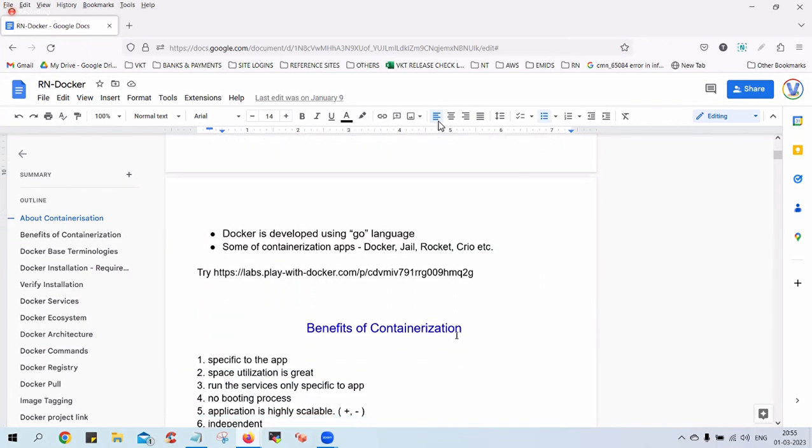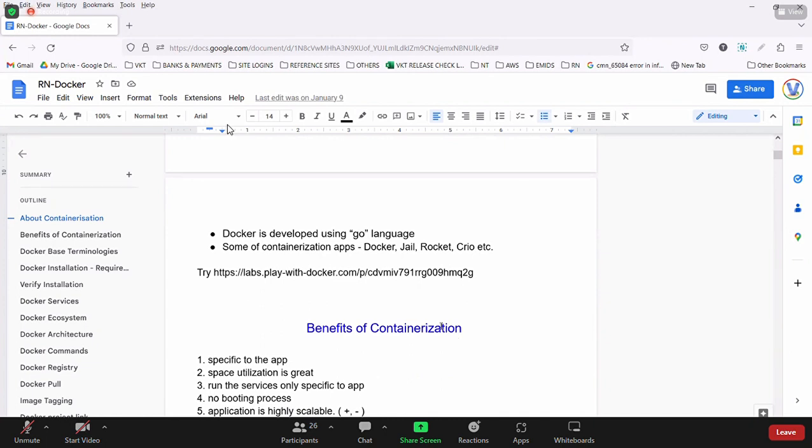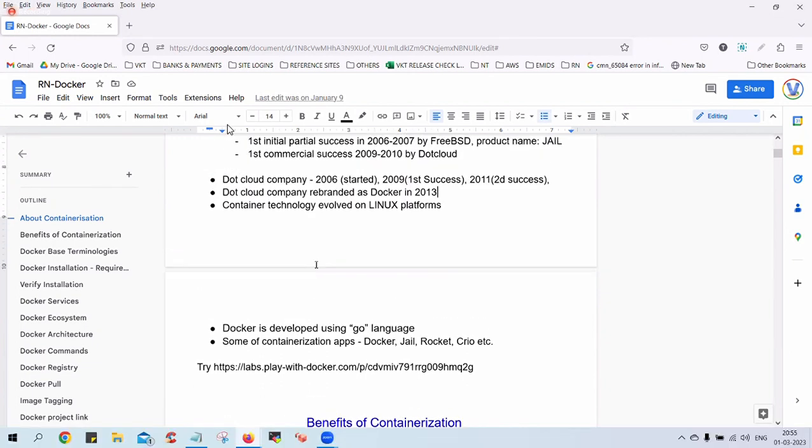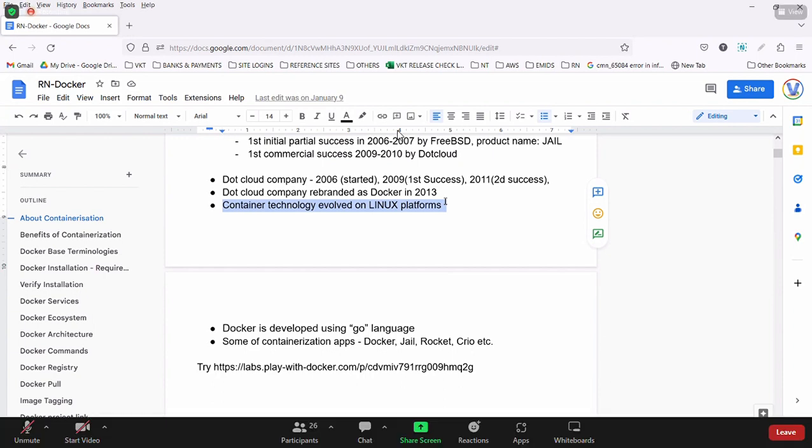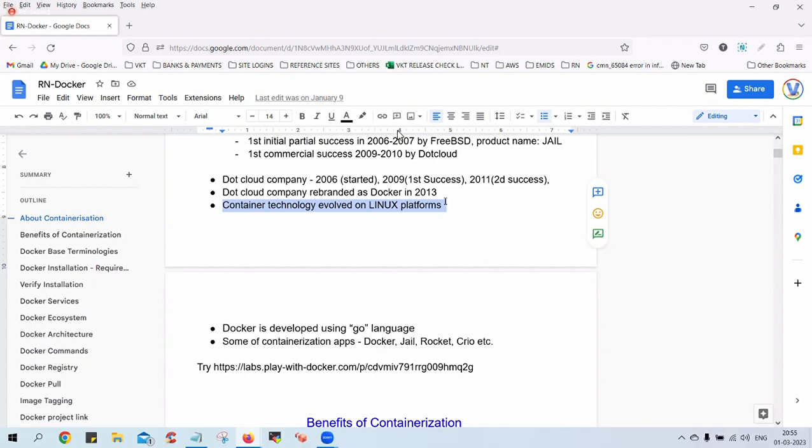And if you're talking about some of the counterparts, so if you want to see what is a Docker here. Now, a very interesting point is that this containerization technology evolved and was successful on the Linux platform. Currently in the market also, 99% of the IT companies are using Docker and Kubernetes on the Linux platform.